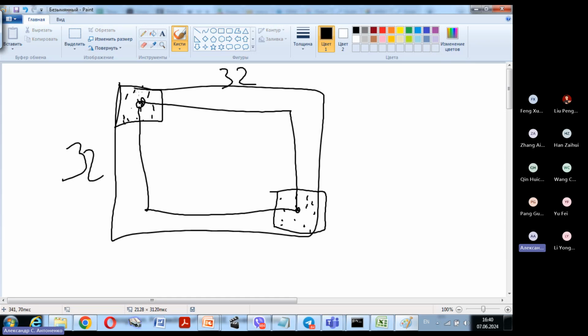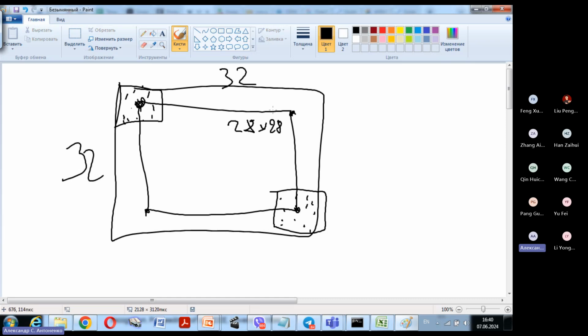So the center of the filter will be, because it is 5 by 5, you need several lines here and several lines here. So the center of the filter will be moved through this smaller rectangle of only 28 by 28.